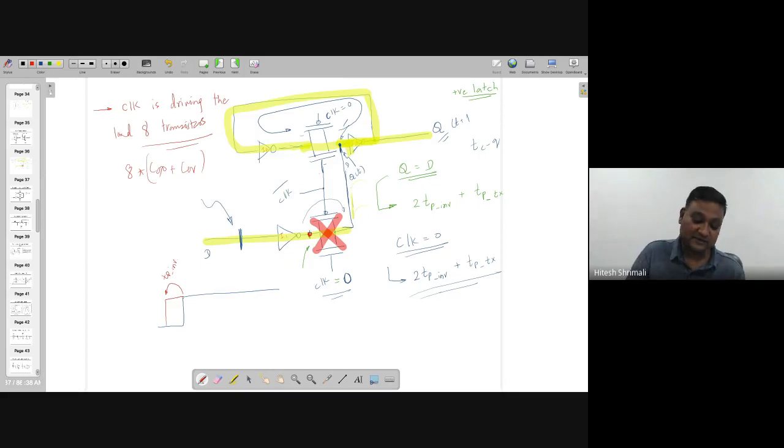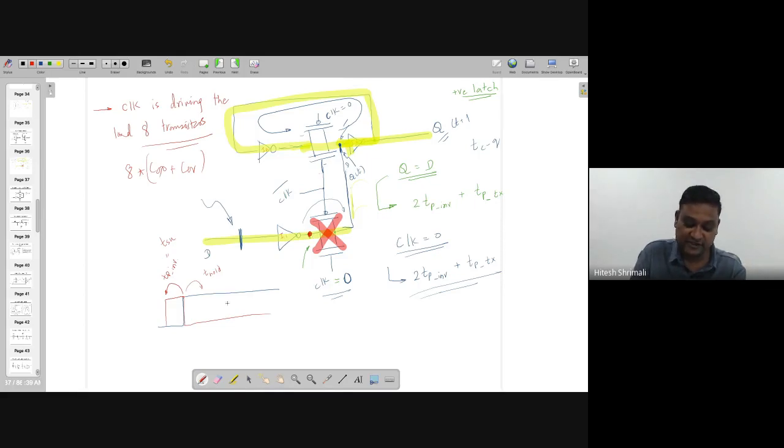And when this data is changing, let's say, how much time is required for the whole time? This was acting as a setup time. This is acting as a hold time. So how much time does it have to hold the data? Look, even if after this point, I change the data with some delta t time, which is as good as 0, it does not matter, right?